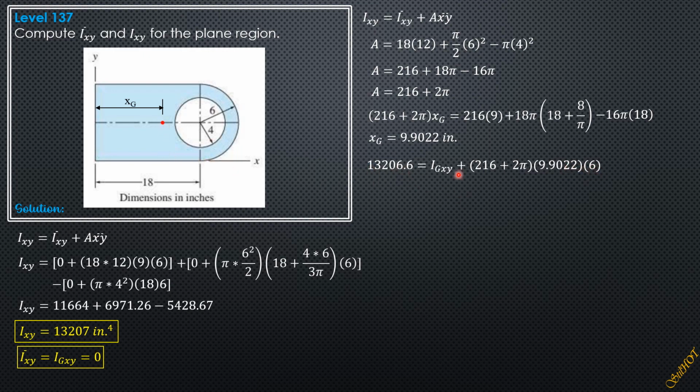So subtracting this value from here, we expect that I bar xy is 0. That really proves that when the region has an axis of symmetry, the product of inertia with respect to the centroidal axis is 0.